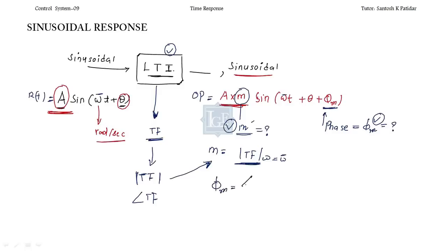This phi m will be the phase of the system at that particular frequency. So this is your phase. Over here you can add or subtract it: if you get a minus, you subtract it, and if you get a plus, you add it. Okay friends? I hope it's clear to you. Now let me take one example based on this.